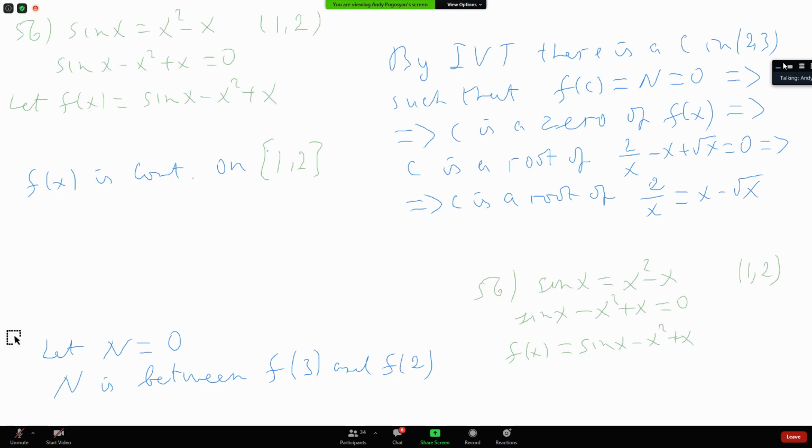It's a sum and difference of a polynomial function and trigonometric functions. Both of them are continuous on the whole real number line. So that means they are going to be continuous on 1, 2. Now evaluate f at 1, f at 2. Now you need to show that they are not equal to each other and at the same time they have opposite signs.